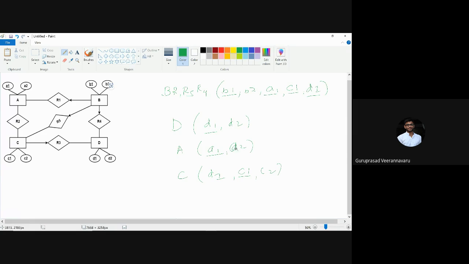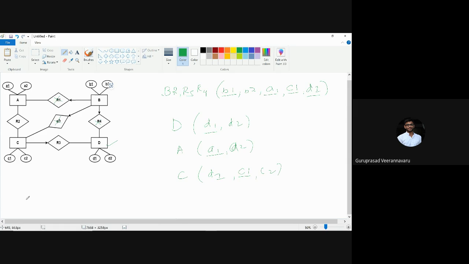So what all we have covered so far, we have covered D alone, and then we have covered B's relationship with B R1. So R1 is covered, R5 is covered, R4 is also covered.